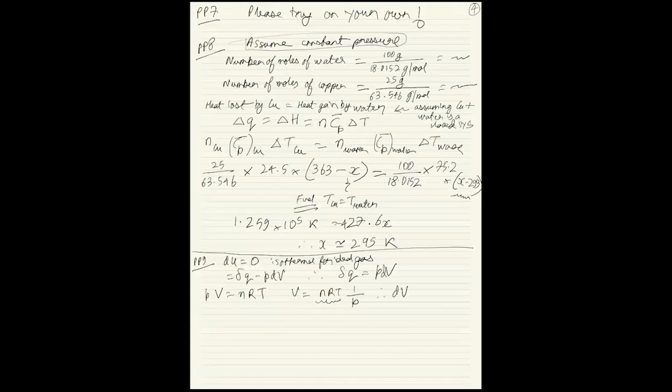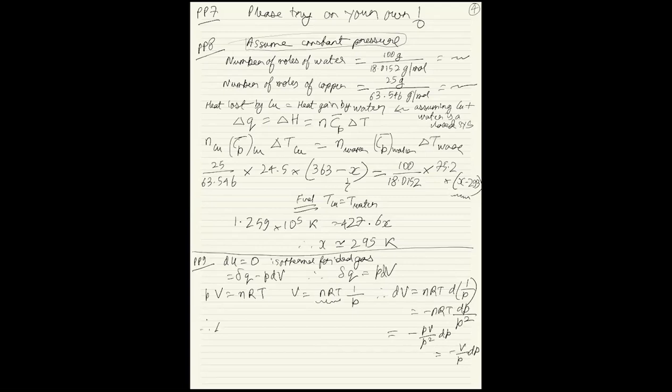This means dV is equal to nRT d of 1 by P, which is equal to minus nRT dP by P squared. And now nRT is equal to PV. So this is equal to minus PV by P squared dP, which is minus V by P dP.